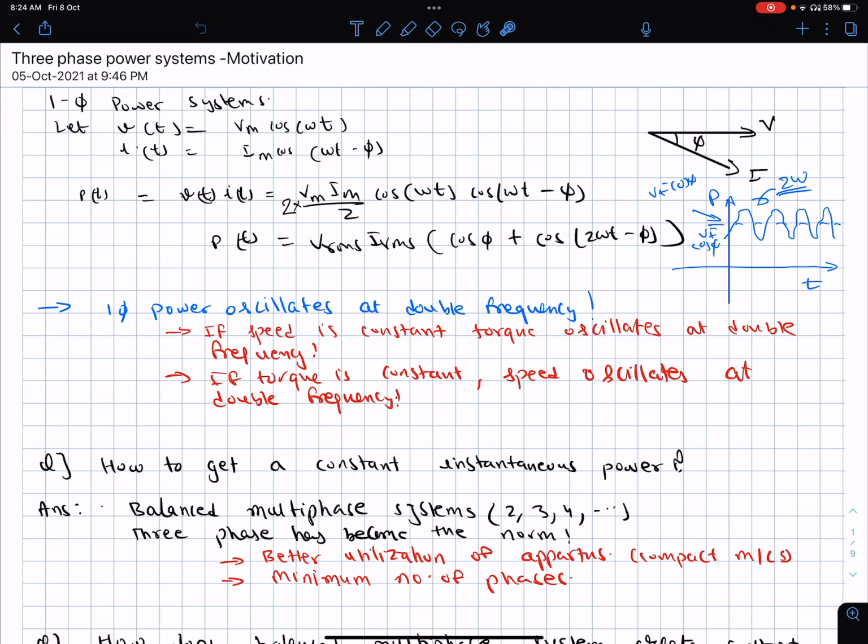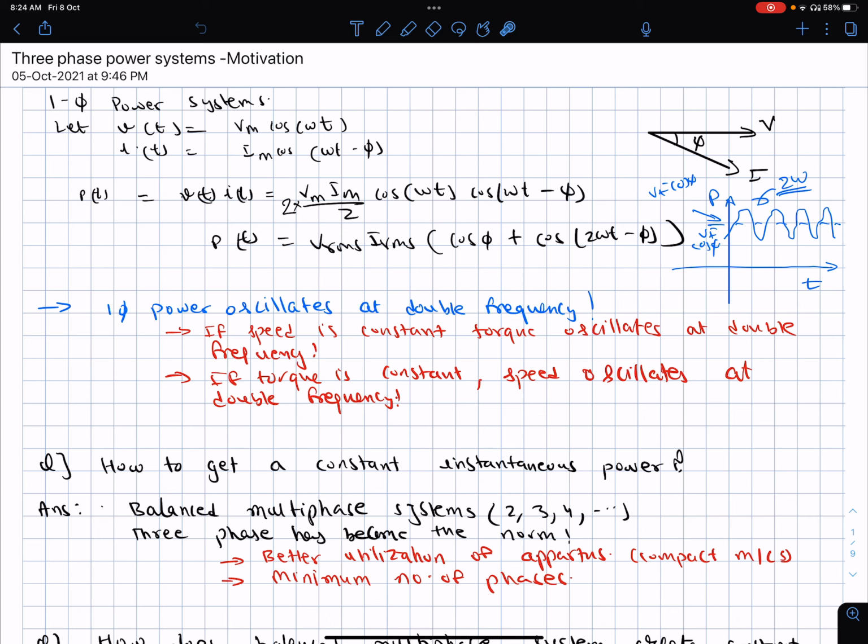So you have one example. Or if you say that the speed is kept constant, then the torque will become pulsating. So think of a generator where in the steady state of the operation, the mechanical input power has to be equal to electrical output power, for example.